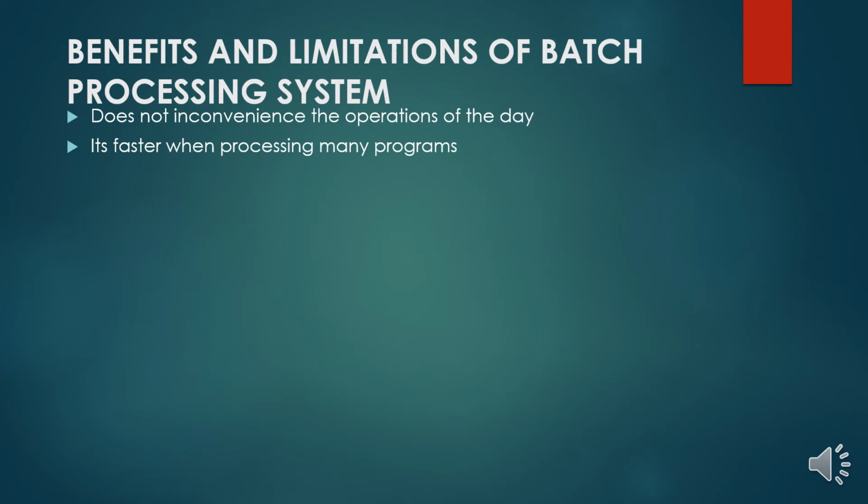Also, it's faster when processing many programs. It's faster because of the batch. That's the term batch. It means these are groups of similar tasks or jobs. I'll give an example of a phone.